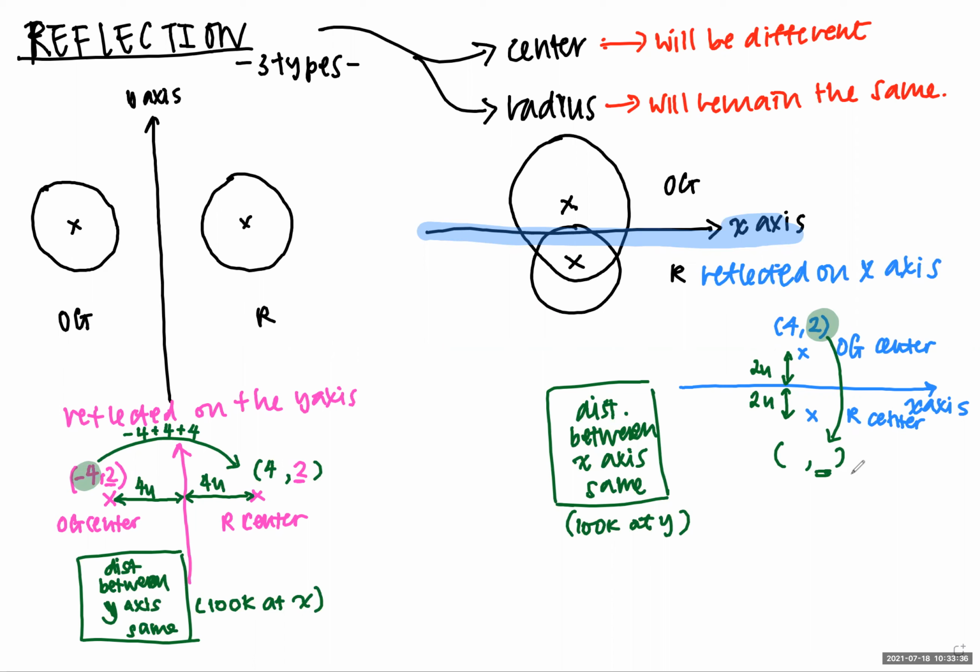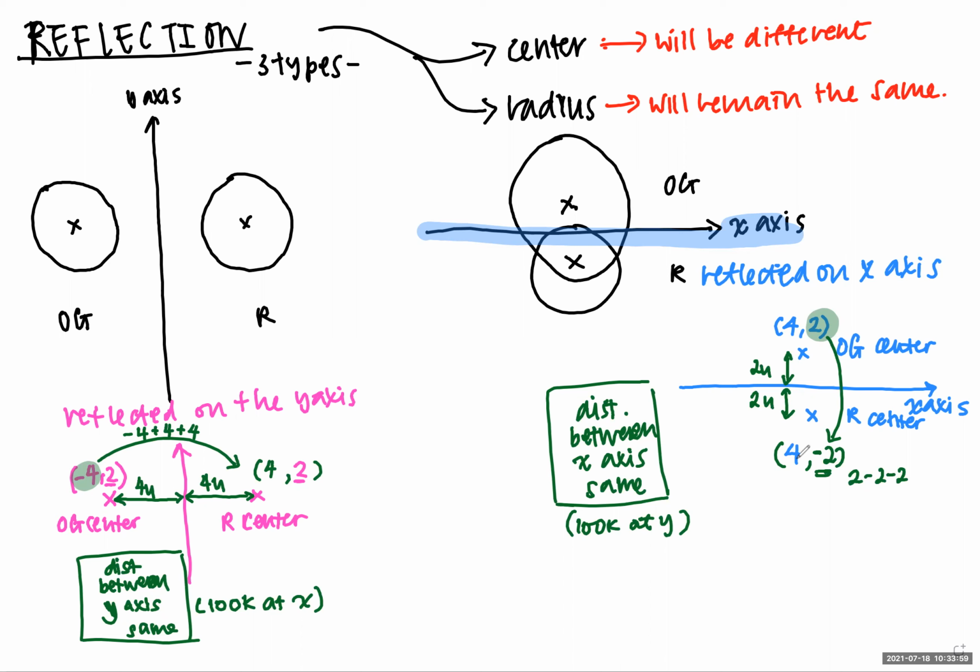To get this person is actually 2 minus 2 minus 2, so the answer is -2. Will the x change? The x will still be 4. It doesn't change. You guys understand this concept?